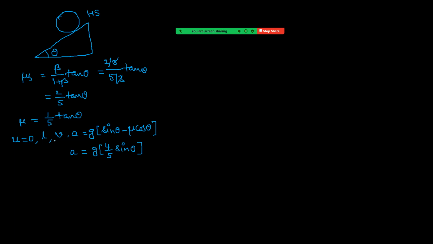So u is 0. The v value we want to calculate because kinetic energy equals half m v square. So I am taking the equation v square minus u square equal to 2as, with a value 4 by 5 g sine theta.